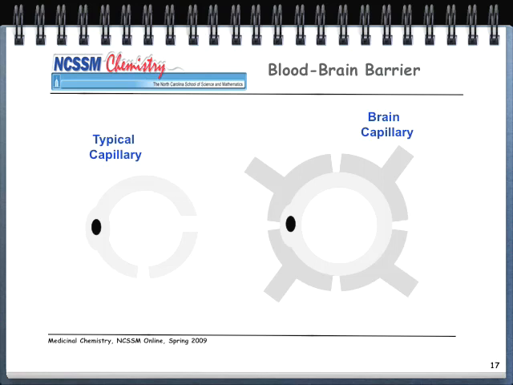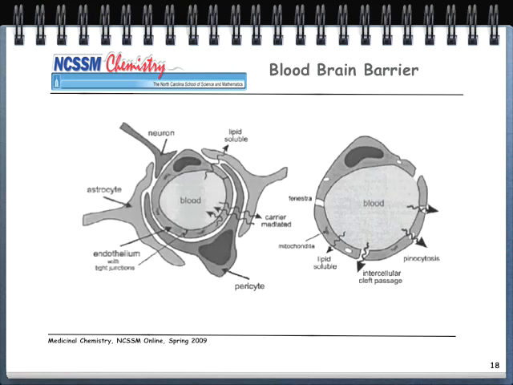Alcohol is the same thing. So you're going to hear a lot about the blood-brain barrier as we go through this course. Okay, and here's a nice picture. On the right-hand side this time is just a regular old capillary, just a regular blood vessel. And then on the left, you see a better picture of the blood-brain barrier.